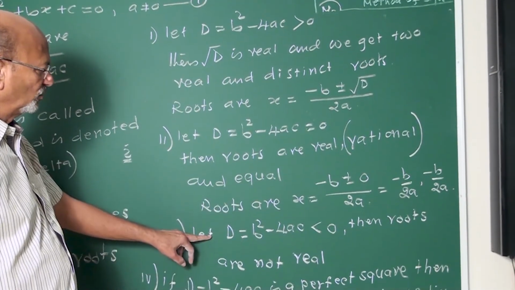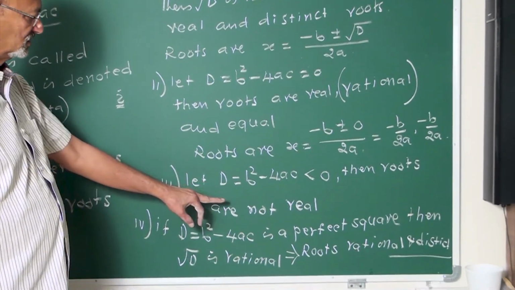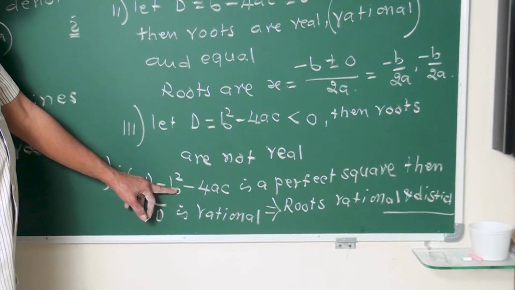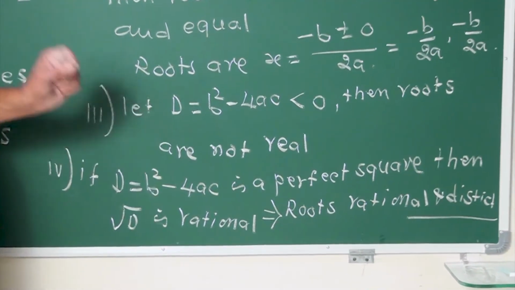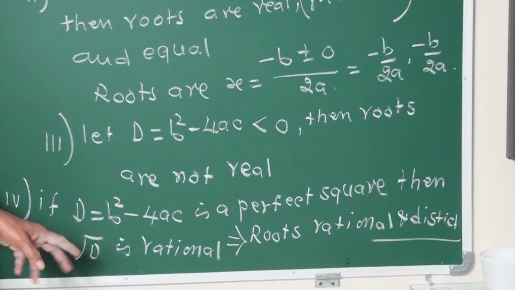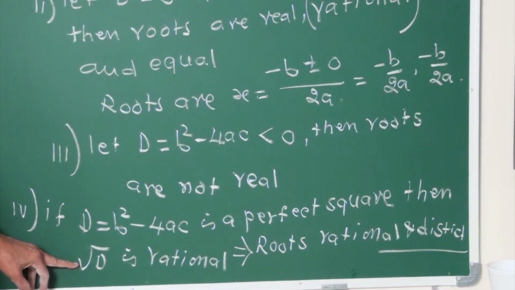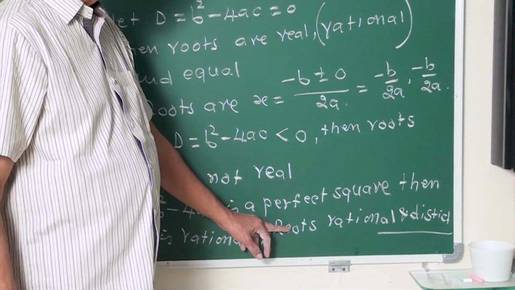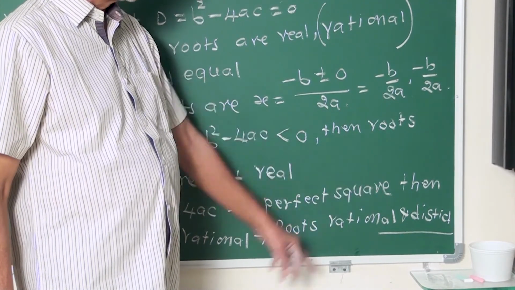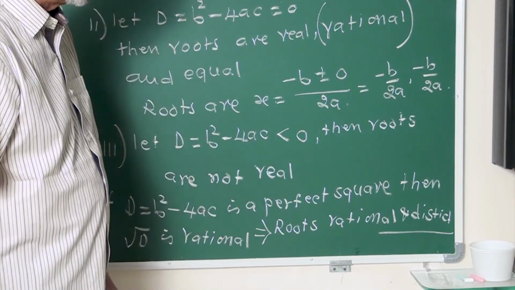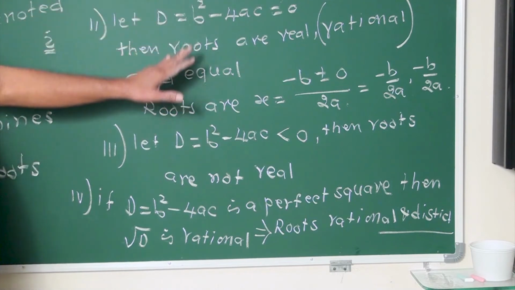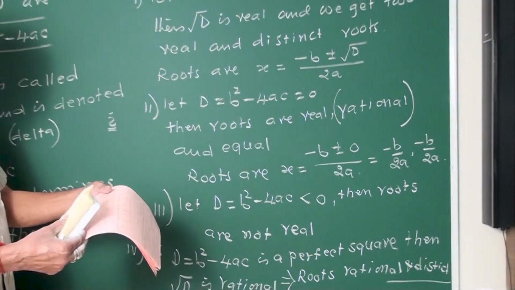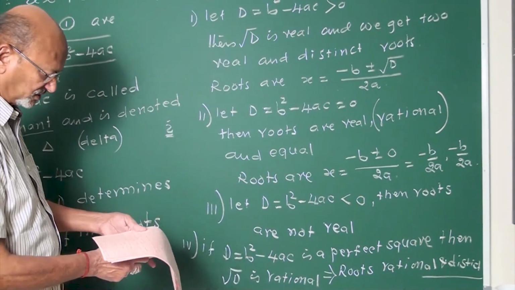Negative means roots are not real. What is the fourth one? d equal to b square minus 4ac is a perfect square. When d is a perfect square, root d is rational. Then the roots are rational and distinct. Yes, my friends, these are the nature of roots of the equation.